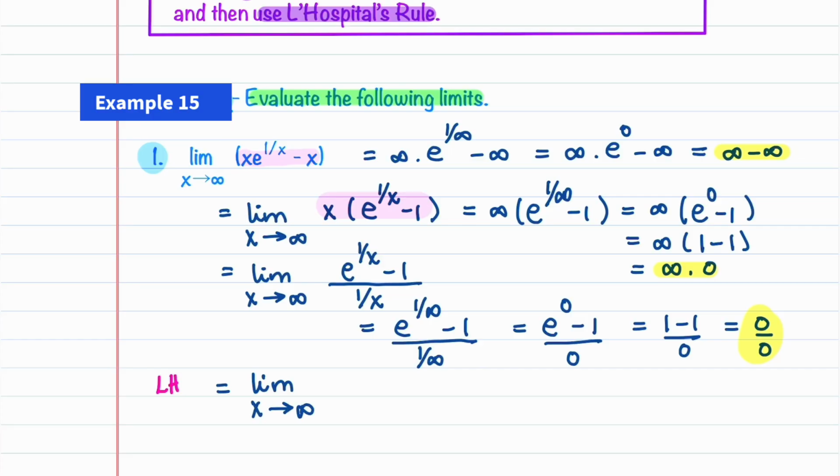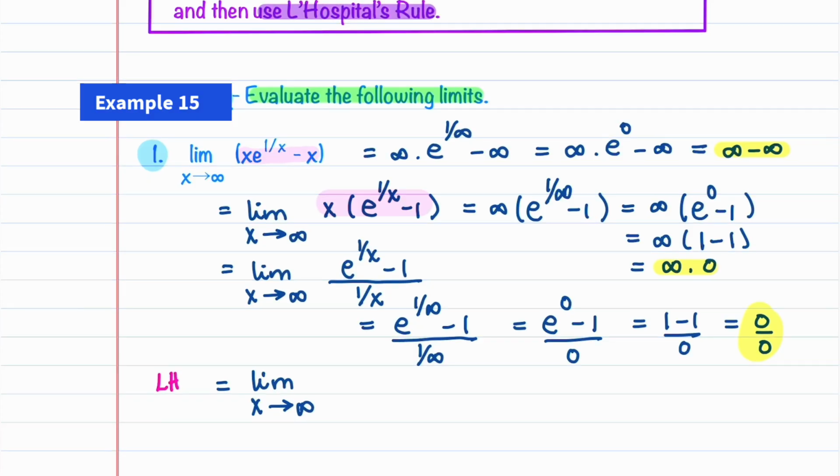The derivative of e to the 1 over x minus 1 is e to the 1 over x times the derivative of 1 over x. Let me write down on the left-hand side the derivative of 1 over x. This is equal to minus 1 over x squared. If you haven't memorized that, that might be a good one to memorize.